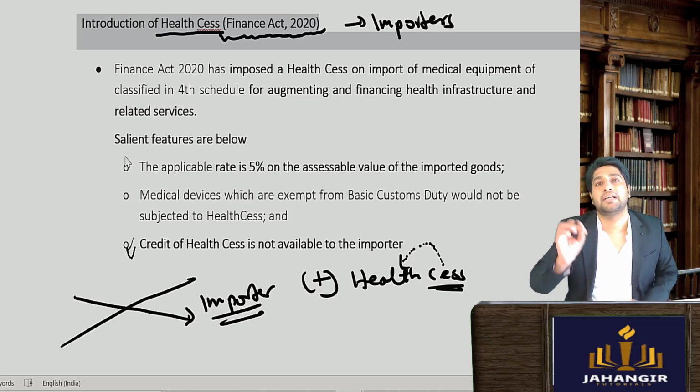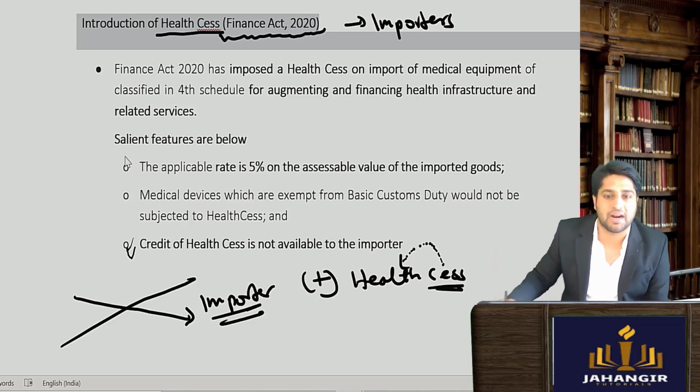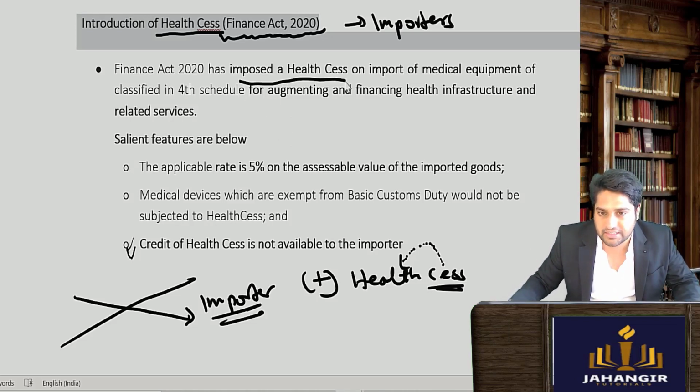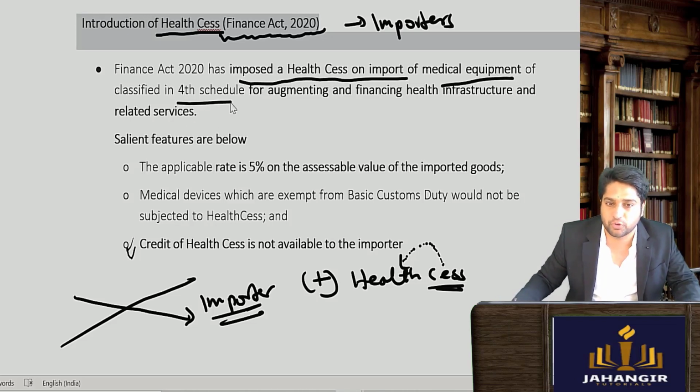Okay. Now this is not levied on all articles, let's see what it is levied on. So health cess is imposed on import of medical equipment classified in the 4th schedule.